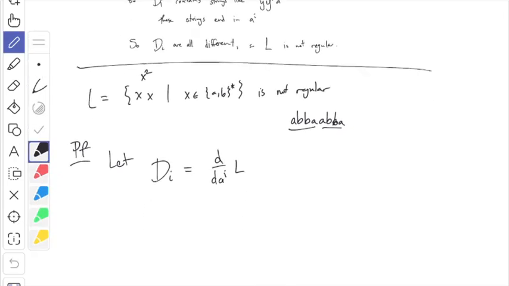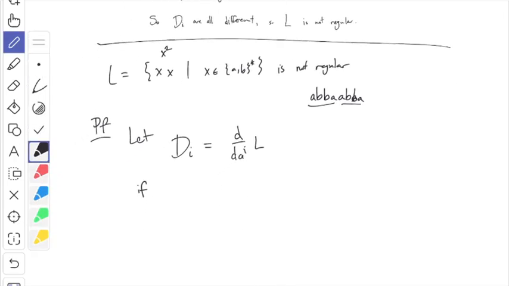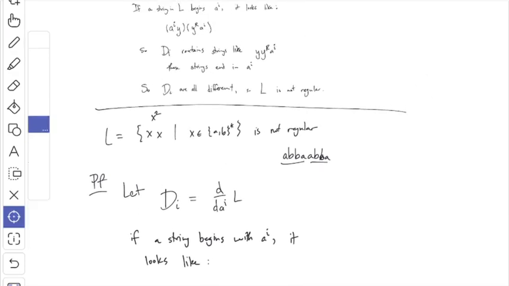So if the string begins with a to the I, then it looks like, anyone want to tell me the modification from before? In this language, because it was x followed by x reverse, it would have to look like that. What about in this case?